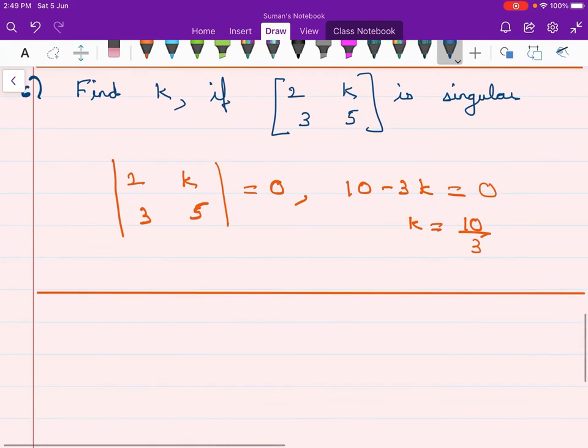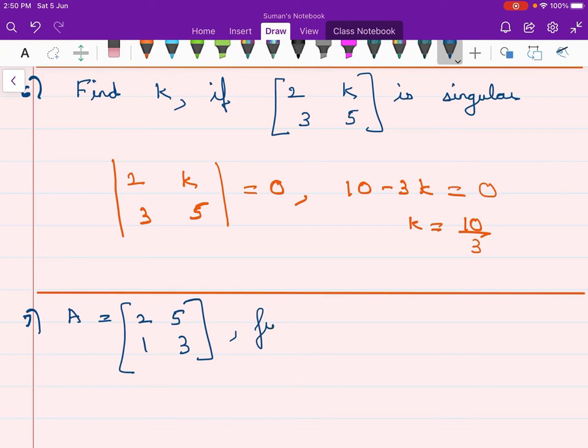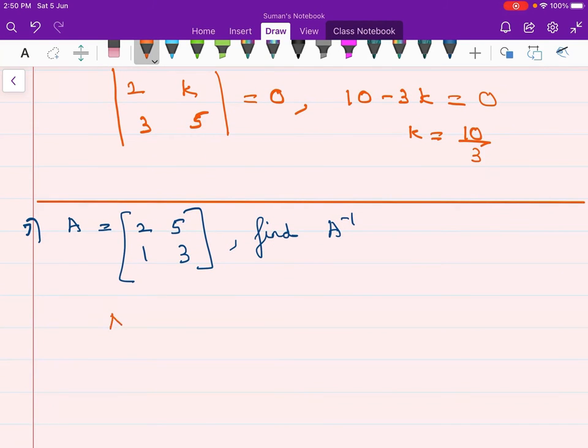Next we have, if A equal to [2 5; 1 3], find A inverse. I would start by giving you the formula of A inverse.